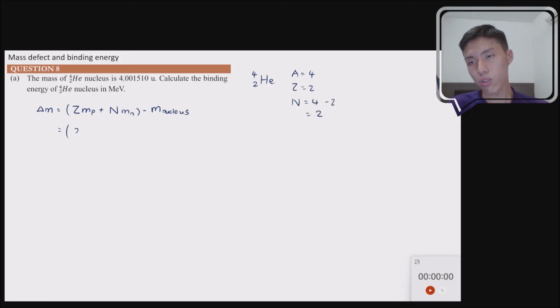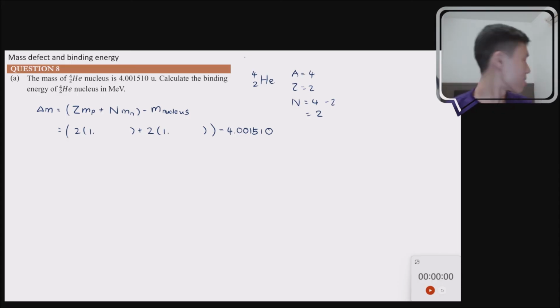So here it will be 2 times the mass of proton, I forgot to write it here, plus 2 times the mass of neutron, this is 1 point something, minus the mass of the nucleus, 4.001510.